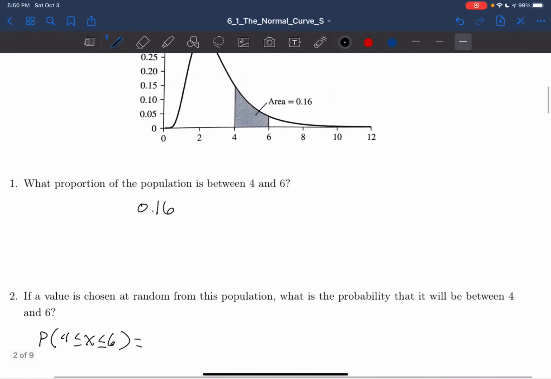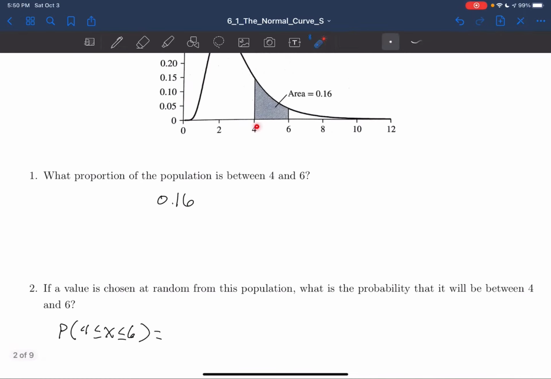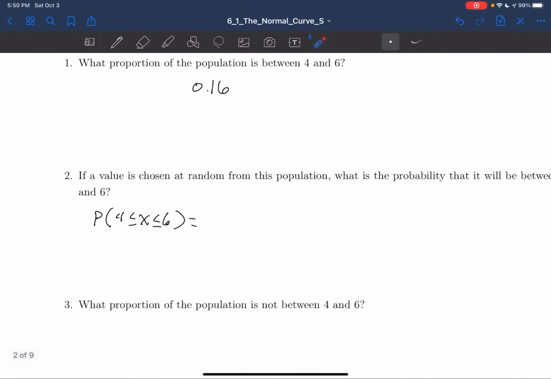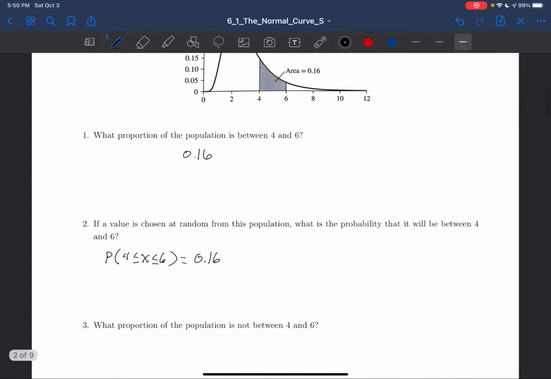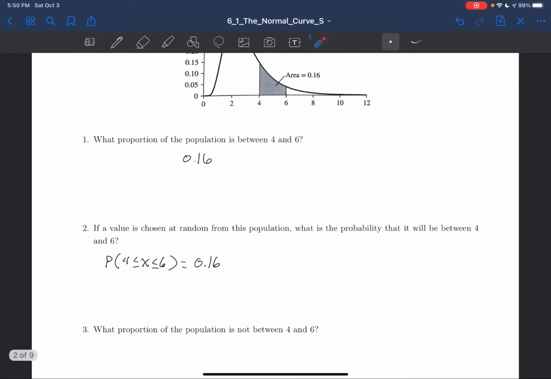Since we know the area underneath the interval 4 to 6 is 0.16, this is going to be equal to 0.16, because area underneath the curve can represent probability.